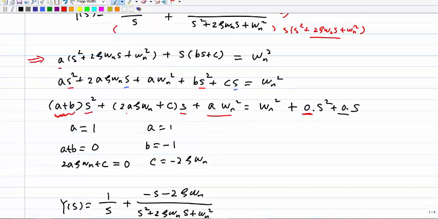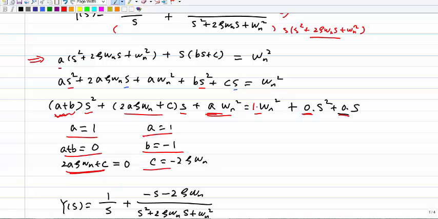Then we have 2A theta wn plus C, which is my s coefficient, and this also equals 0. And the last one, A times wn squared equals wn squared, so I have A is 1 from here. Since A plus B is 0, you can see B is negative 1. And for here, I can also compute C.